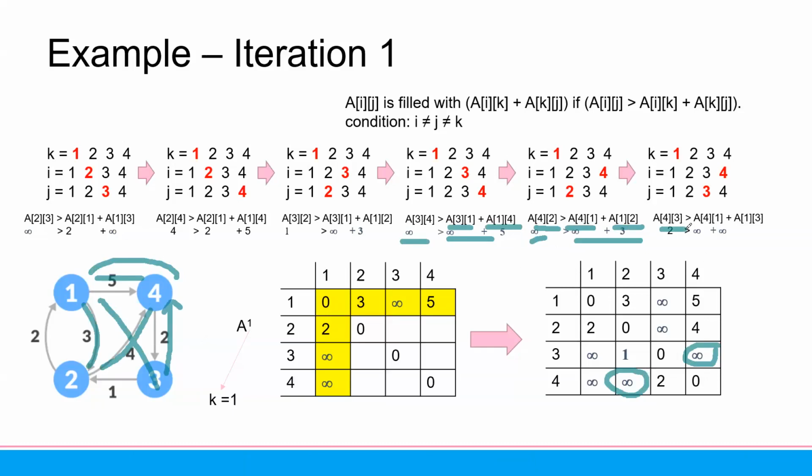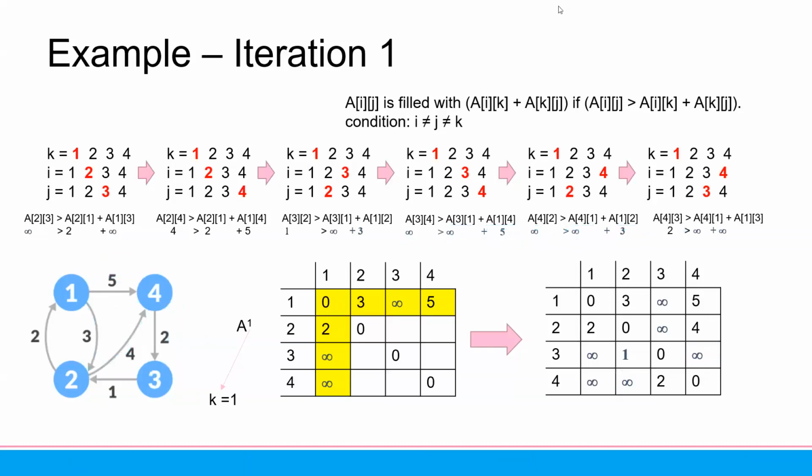For 4, 3, we have a direct edge, so it is 2. Compare with 4, 1, which is infinite, and then 1, 3, which is infinite. Then we use the minimum, which is 2.